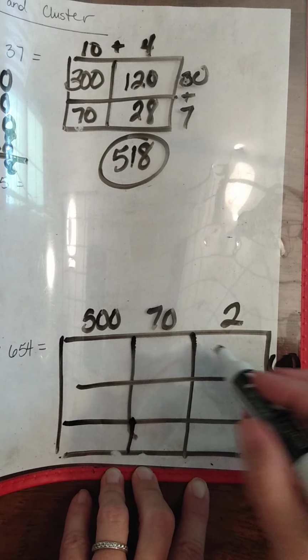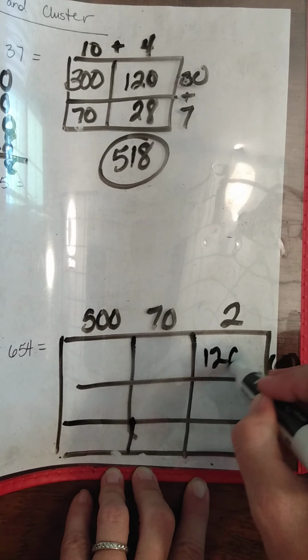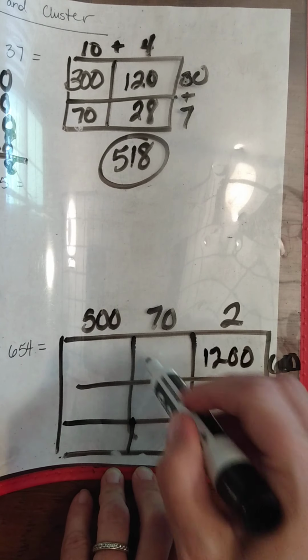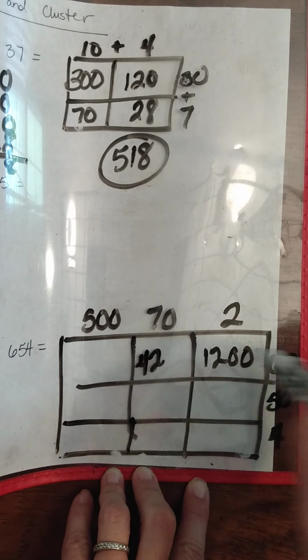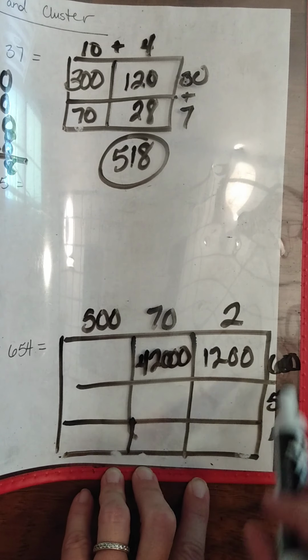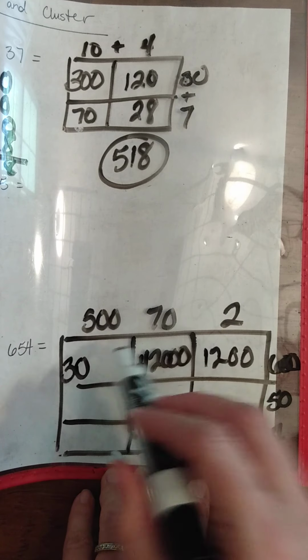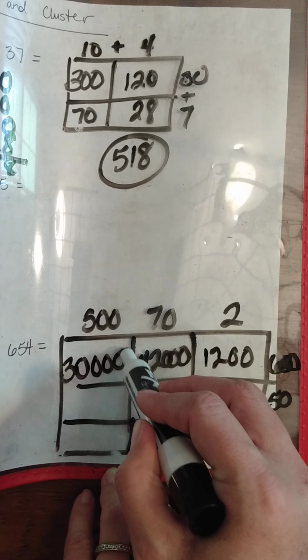600 or 6 times 2 is 12 with 2 zeros. And then 7 times 6 is 42, 3 zeros. 6 times 5 is 30, but then please remember you need to add in 4 zeros.